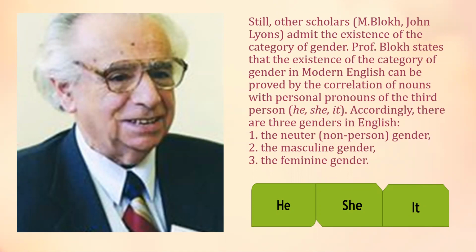Accordingly, there are three genders in English: the neuter, non-person gender, it, the masculine gender, he, and the feminine gender, she. So there are three genders in English as we use he, she, it.